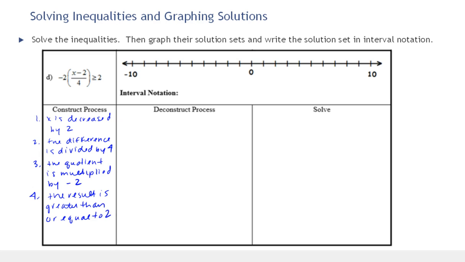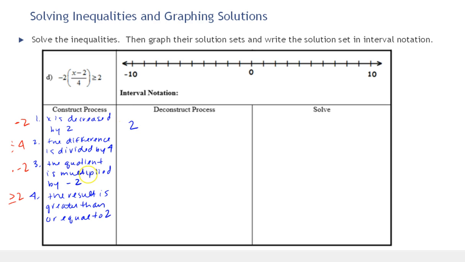Okay, now let's reverse this. We'll put our little notes on the side. Decreased by 2, divided by 4, multiplied by -2. And the result is greater than or equal to 2. So now reversing this, we'll start with 2.